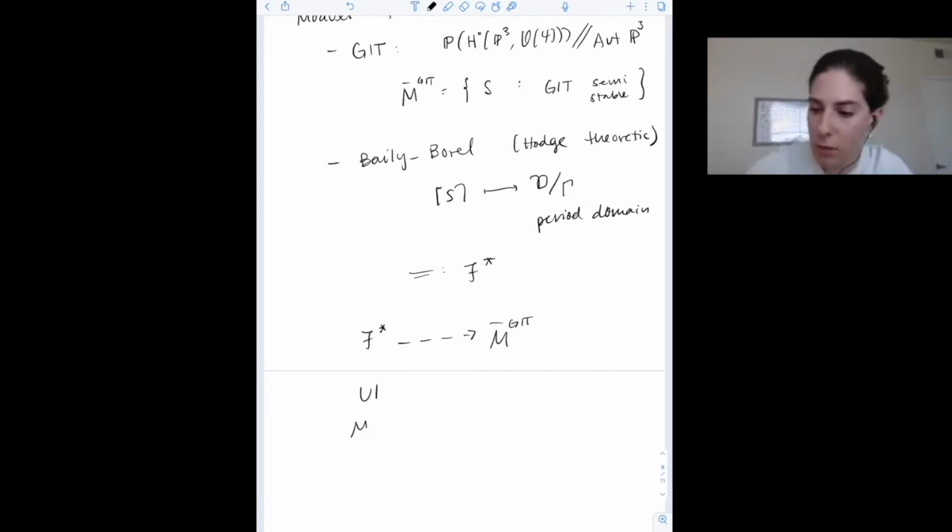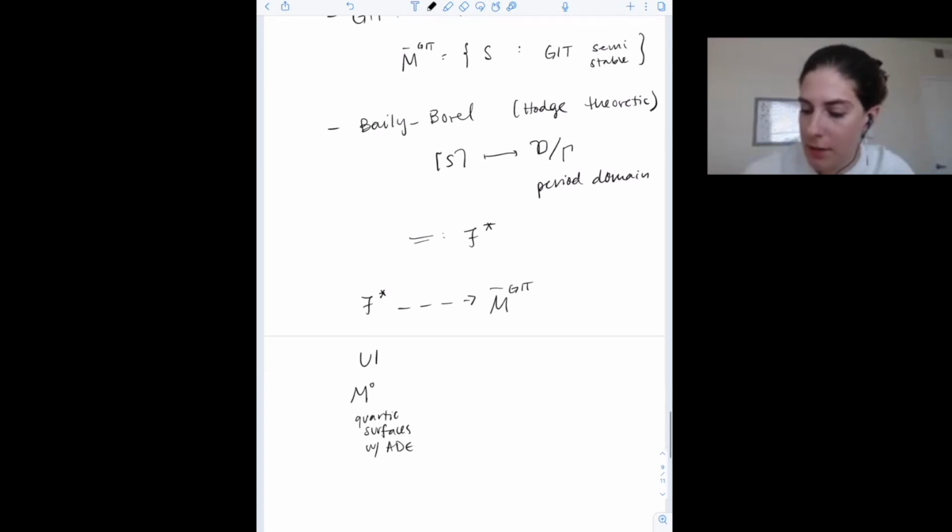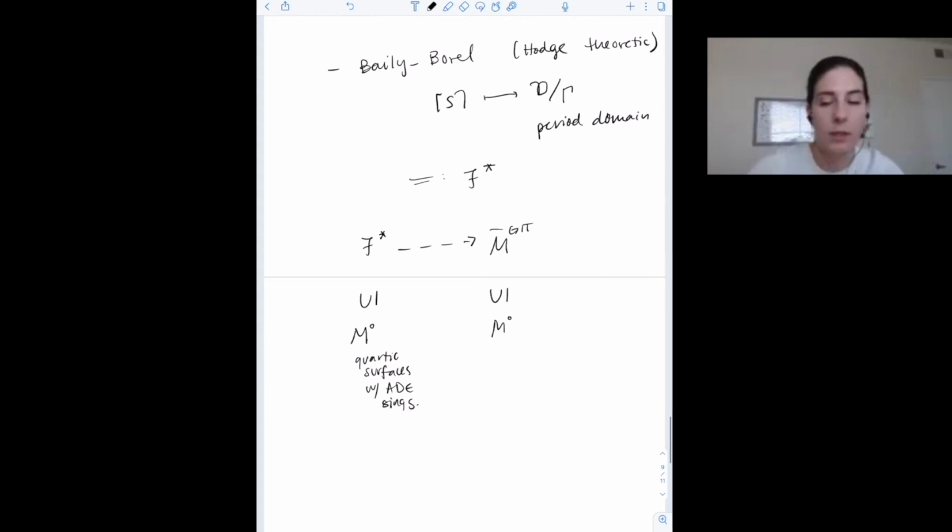There's this locus M0 of our usual quartic surfaces with ADE singularities or Duval singularities. And those all happen to be GIT semi-stable. So this lives inside both of them.